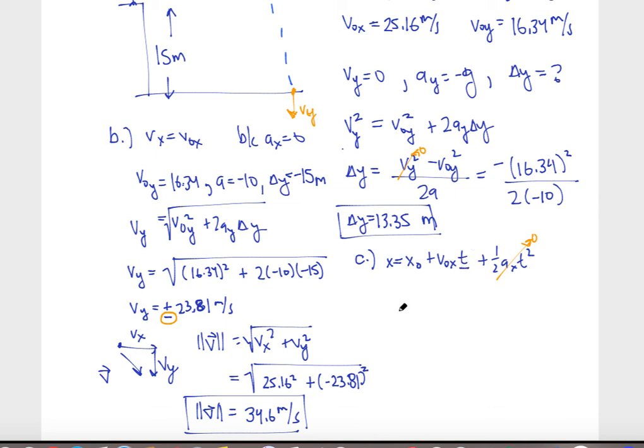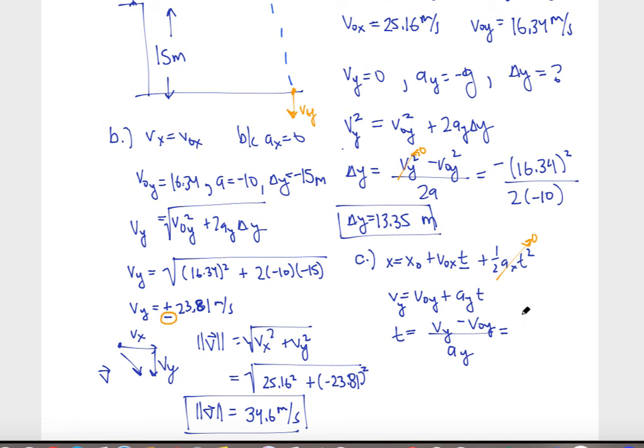So in order to find how long my object is in the air, I can go through the first kinematic equation for the y direction. I know my final y velocity because I calculated it to be negative 23.81. So I can use the first kinematic equation to solve for time. That is going to be time equals Vy minus V naught y over my y acceleration.